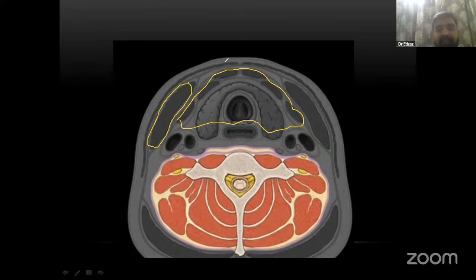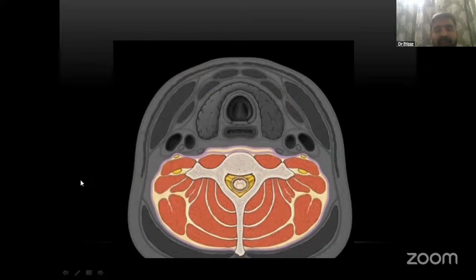This is skin. This large muscle, look at here, you can see this is platysma. We have cut down through the skin. We will see the large platysma muscle. Then laterally, we will see the sternocleidomastoid muscle. Anteriorly in the midline, when we approach anteriorly, we have the pretracheal muscles.